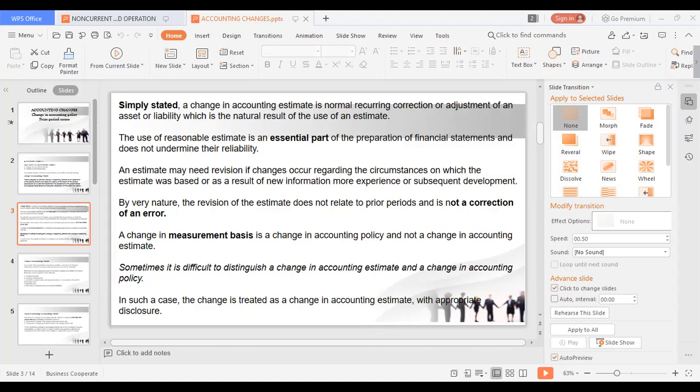So we have 4,400,000 divided by 10 years, since as stated the cost of the equipment is 8 million, and the accumulated depreciation is 3.4 million, and the remaining useful life of the equipment is 10 years.